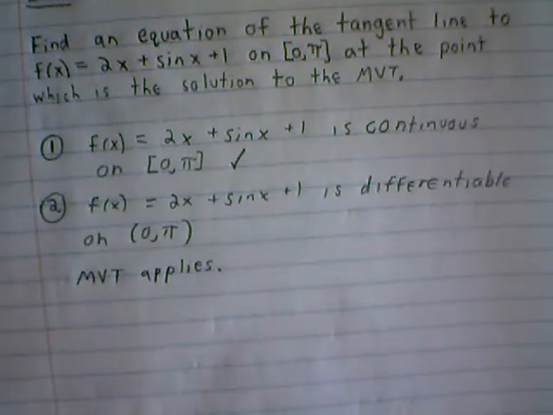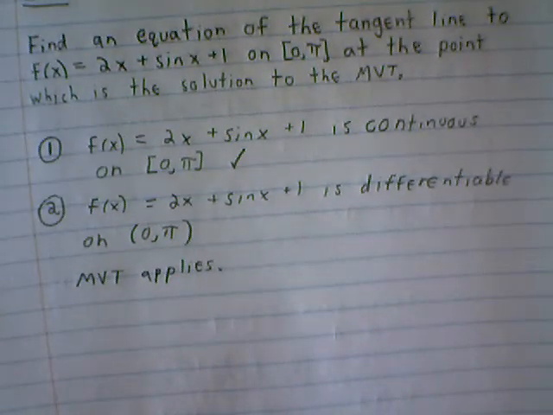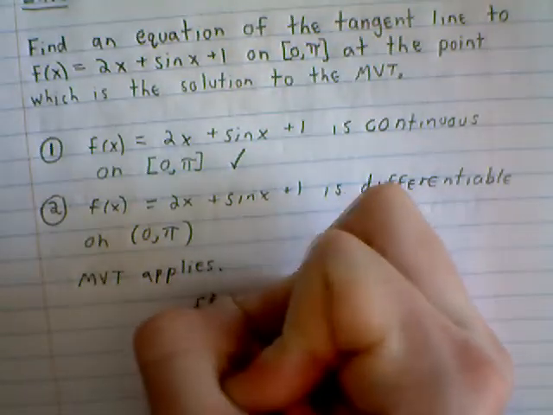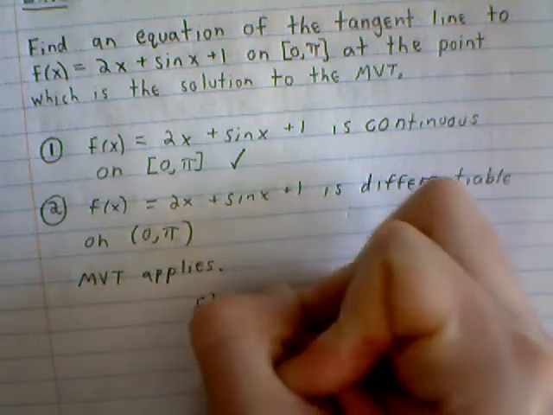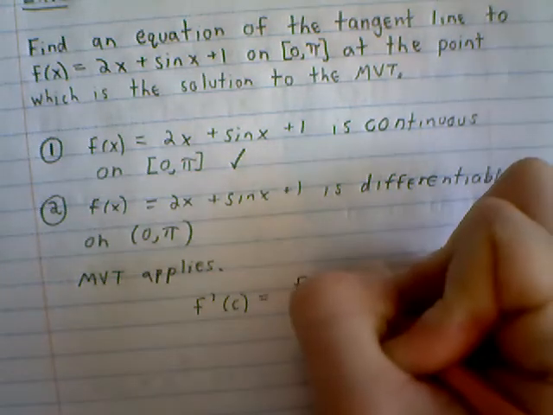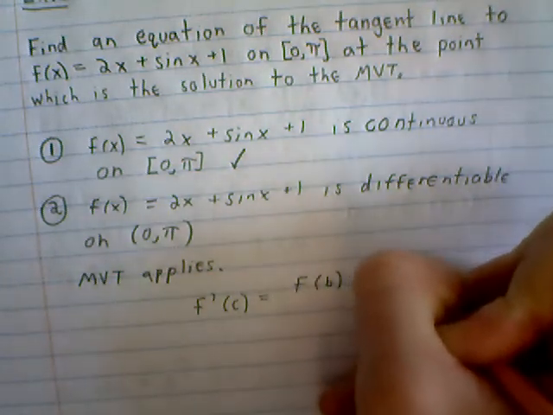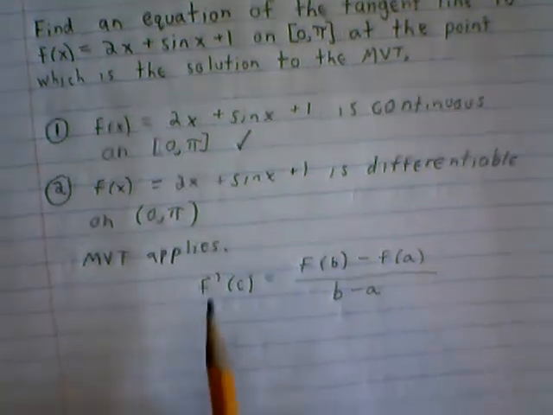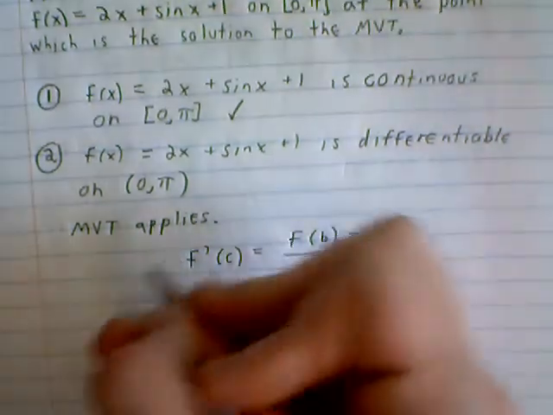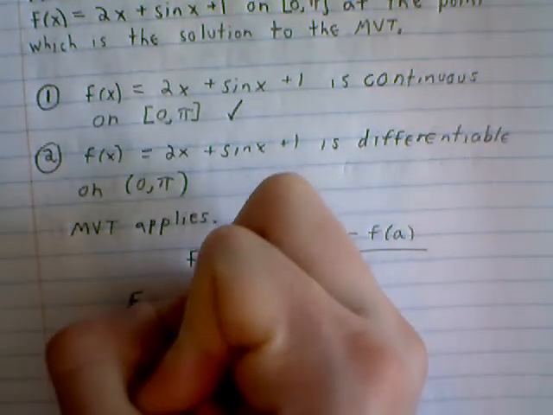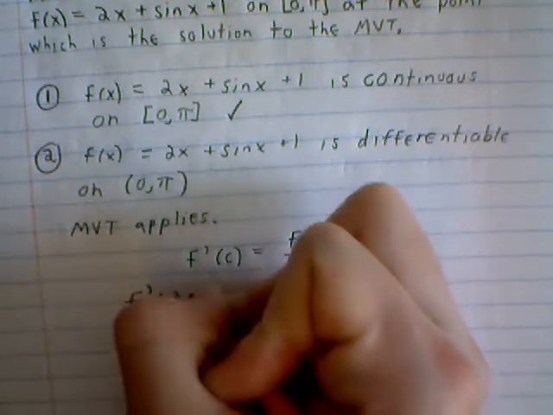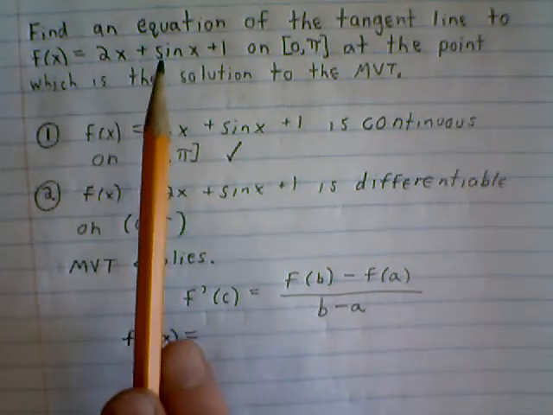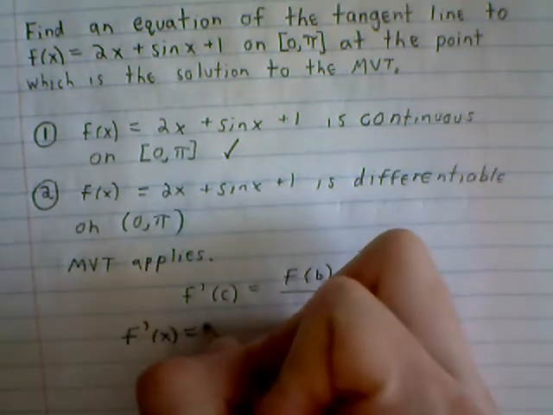All right. Now let's do the same thing. I've got to show where the slope of the tangent line equals the slope of the secant line. Well, let's first start by finding the derivative. So f prime of x is going to equal, if I look up here, 2 plus cosine x.